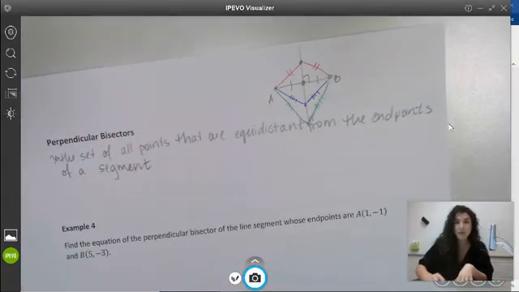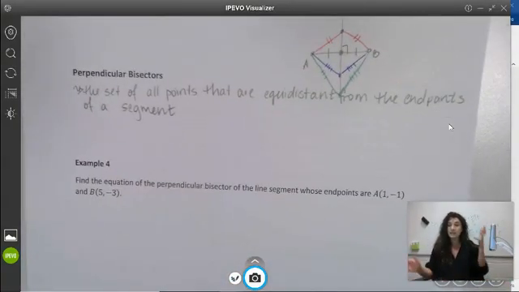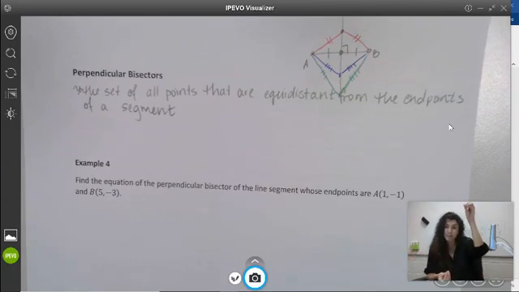It's a really fancy math way to say that I've created a set of all possible points, which is infinite points. Infinite points are what make a line. And these infinite points are all specific points that are equal distances away from two other points. And that is the crucial point for making a Voronoi diagram.